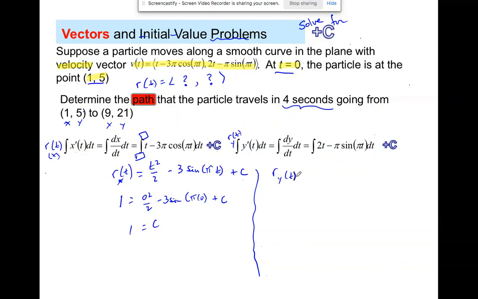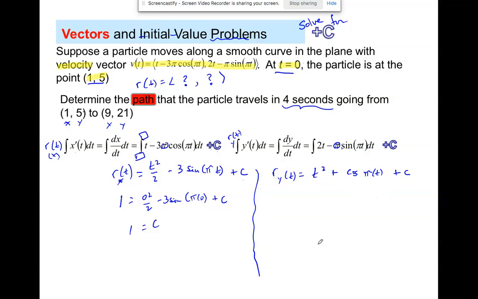r of t in the y direction is the integral of this. So that's t squared over 2, but we'll cancel out with that 2. Plus cosine of pi t. Where did this pi go? I didn't even mention that over there. Where did those pi's go? With u substitution, they're going to cancel out.